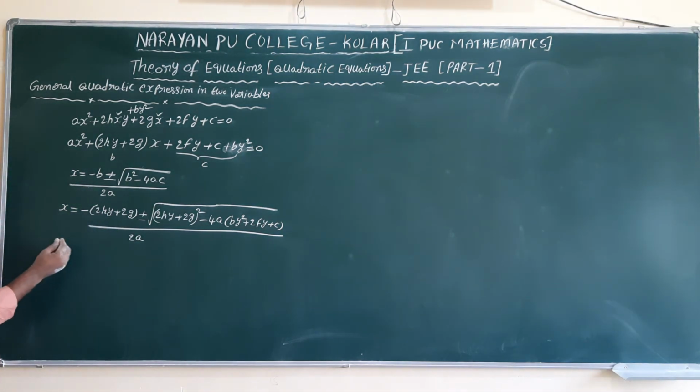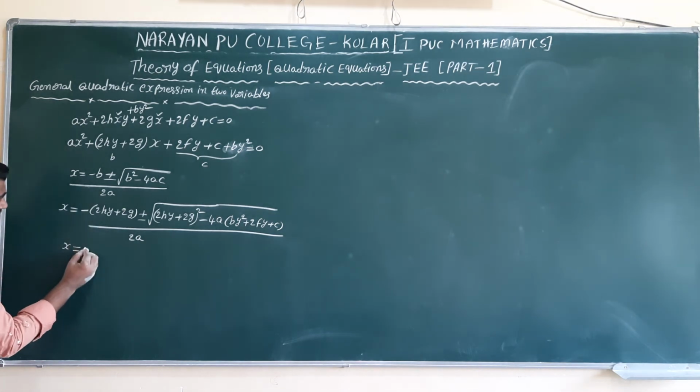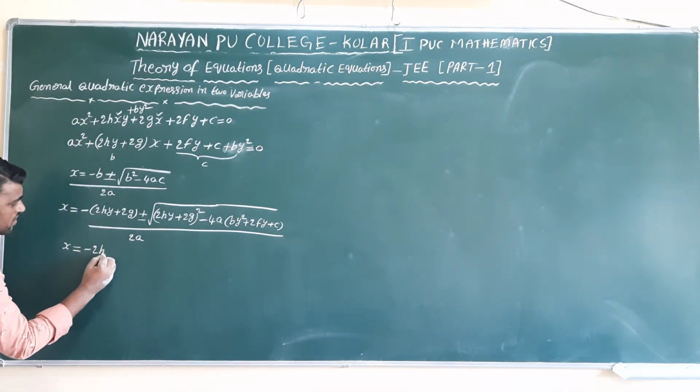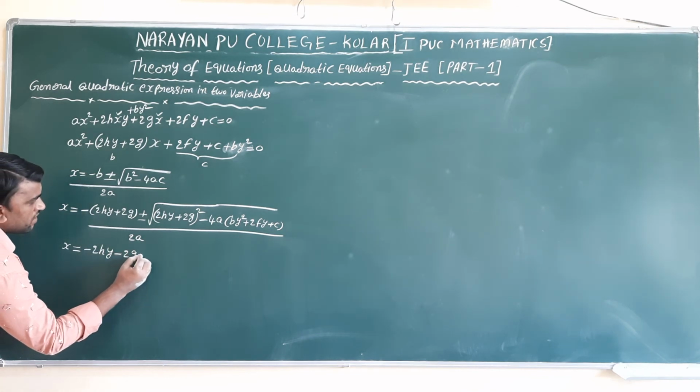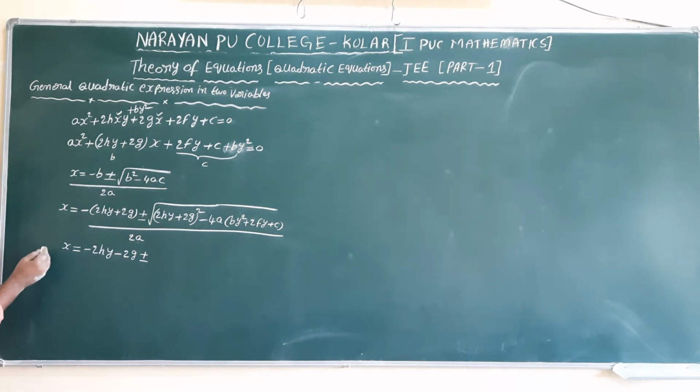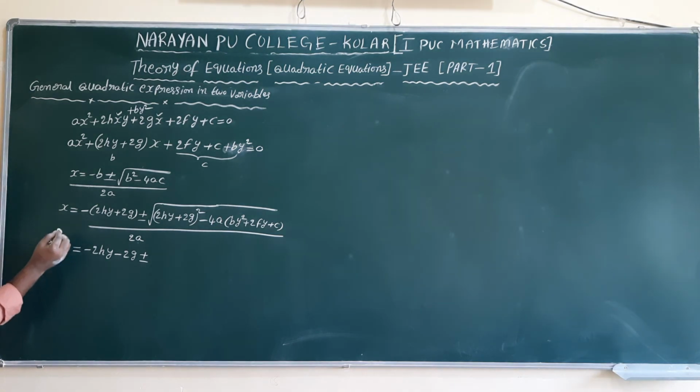So this one, x equal to minus 2hy minus 2g plus or minus root of this; this 2a will be sent here, 2ax.